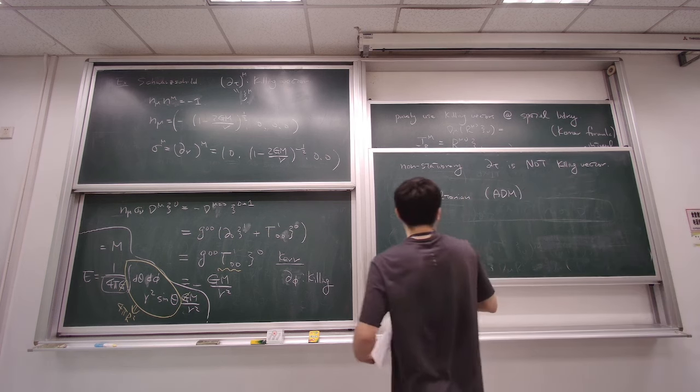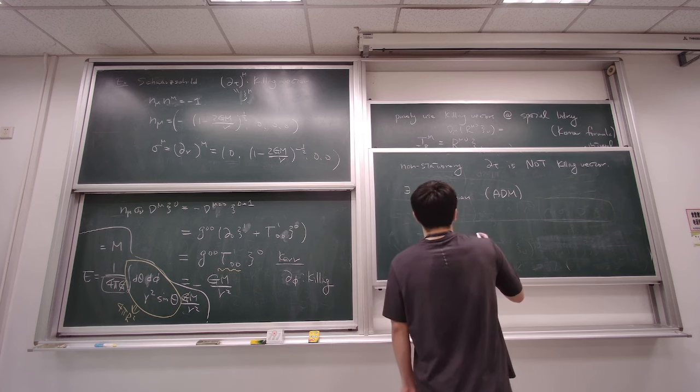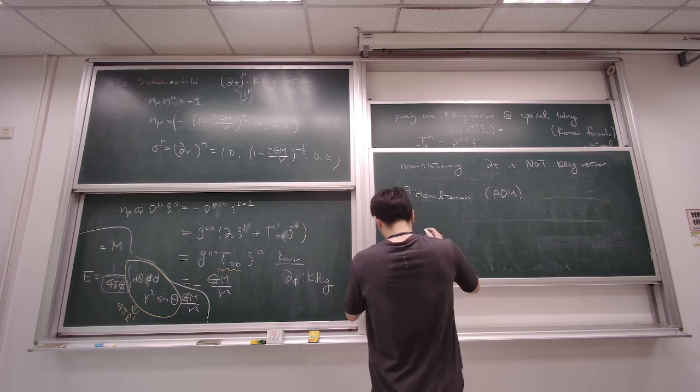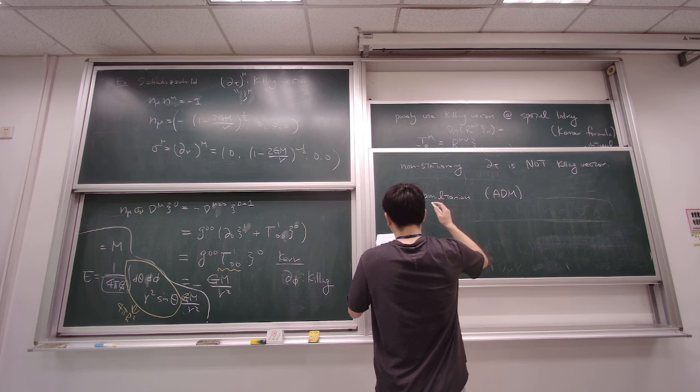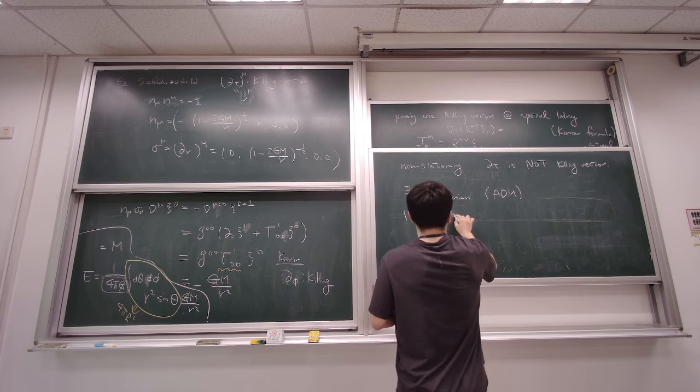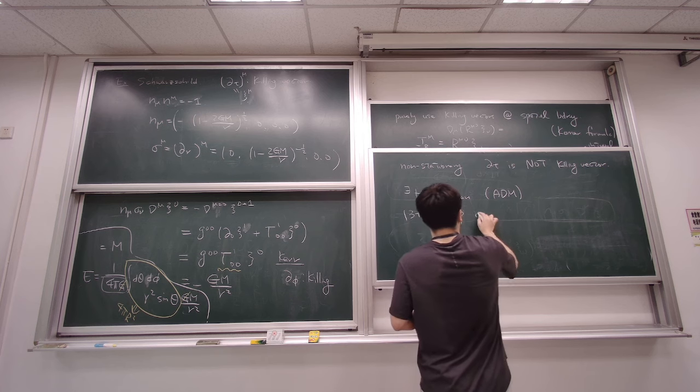So the Hamiltonian formulation of GR is given by this ADM, and this is given by the following decomposition, 3 plus 1.